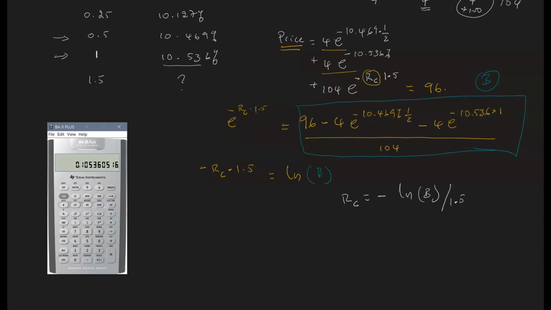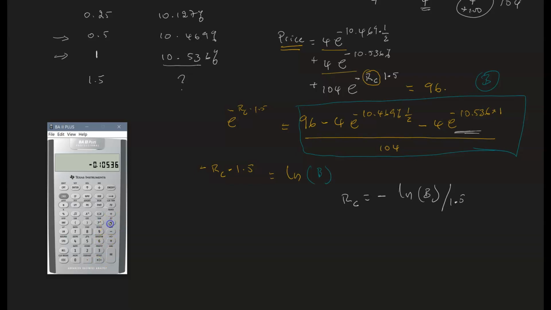So let's compute B here. I'm going to start with the first one, with this term that we have here. That term is 10.536, that's the interest rate. I'm going to put a minus sign in front.